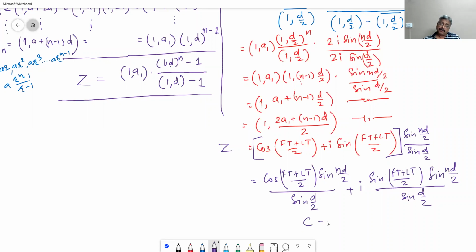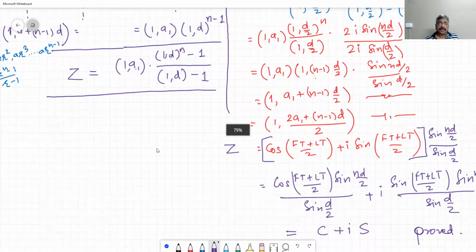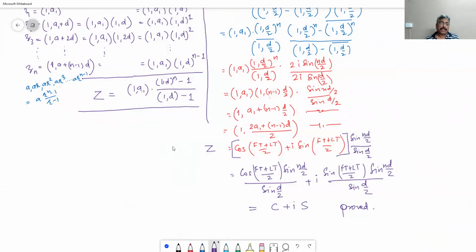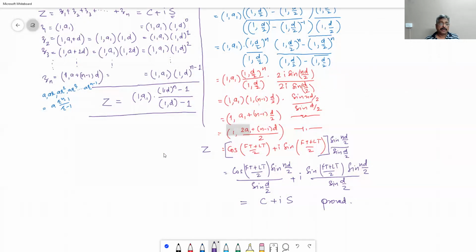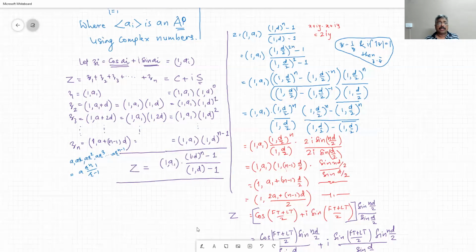Therefore, this is C plus IS. Okay. Now, there will be some steps which are difficult to understand. If you point it out, I can explain it to you again. If you understand on your own, nothing like it.